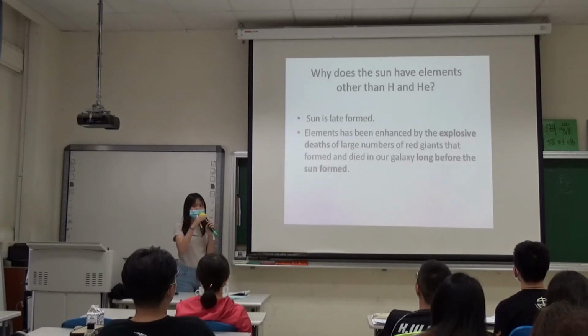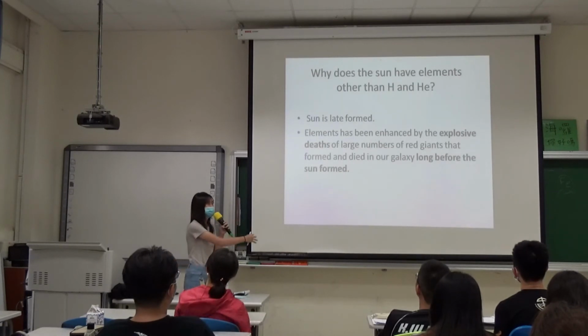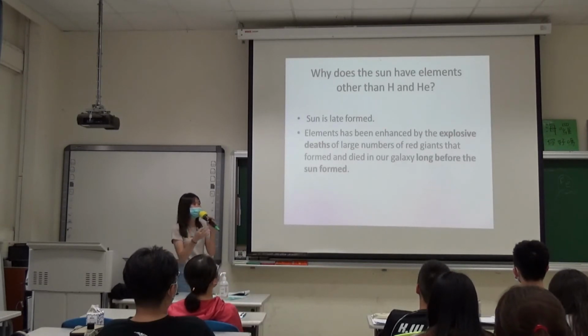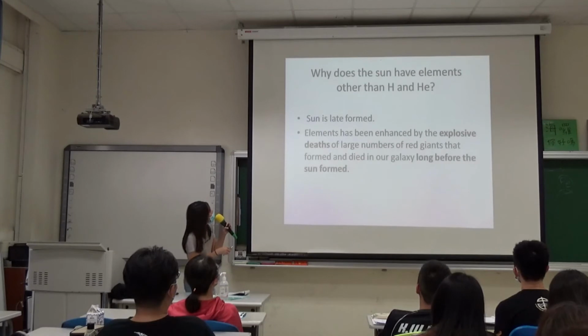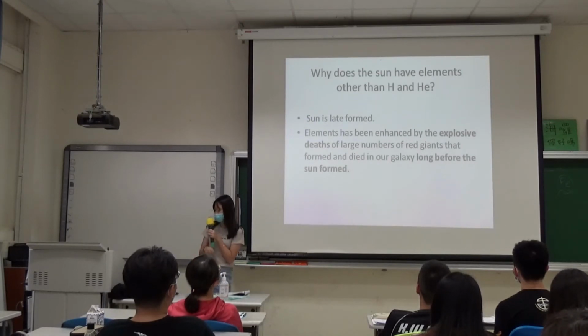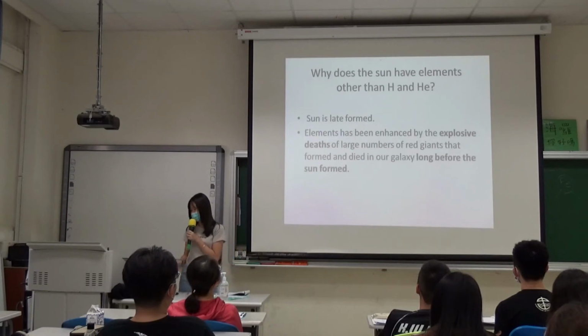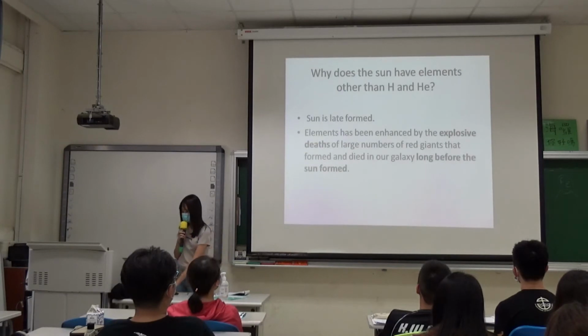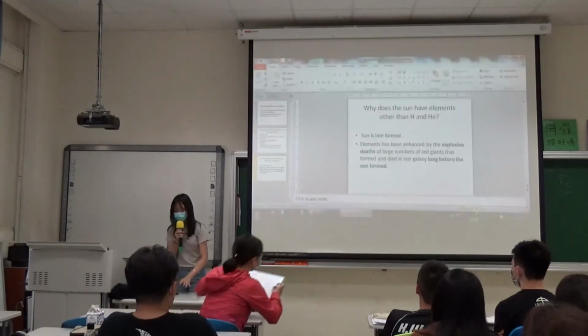So the sun formed with those elements in the universe before it became the sun we see today. The elements have been enhanced by the explosive death of a large number of red giants that formed and died in our galaxy long before the sun formed. Okay, that's our assessment.